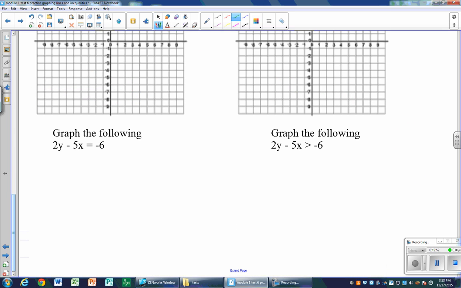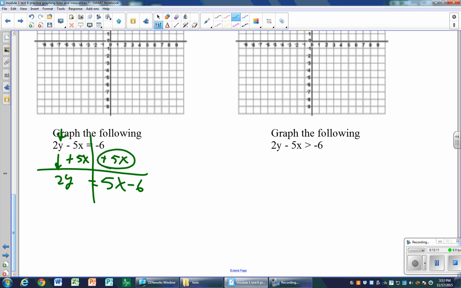Graph the following. Okay. Remember, whatever you do, we got to get y all by itself. So we add 5x to both sides. Remember, if I'm going too fast for you, just hit pause or hit rewind. Now we bring down the 2y because the y is not moving. 5x minus 6. Remember, we can put the addition part first. That stays with the sign.